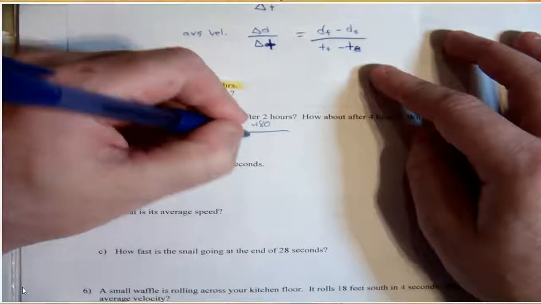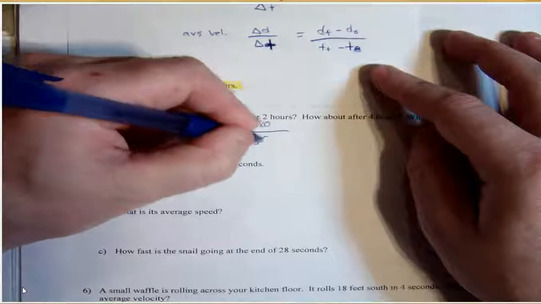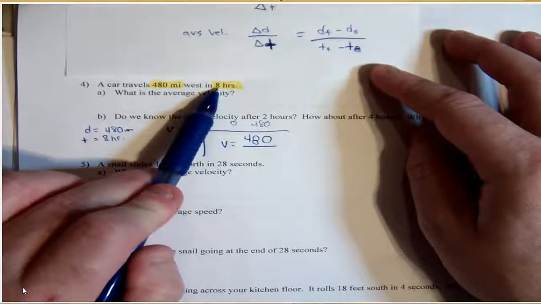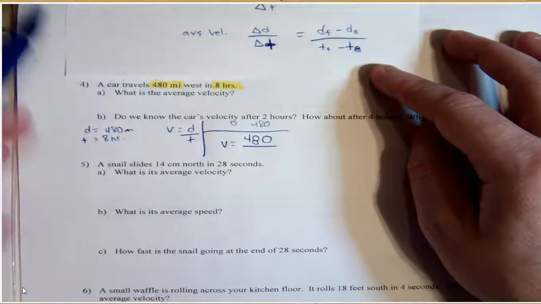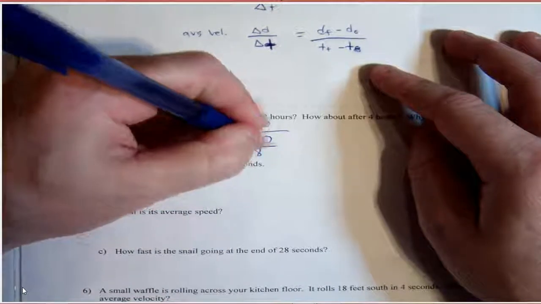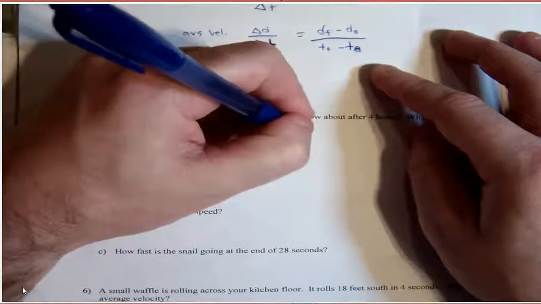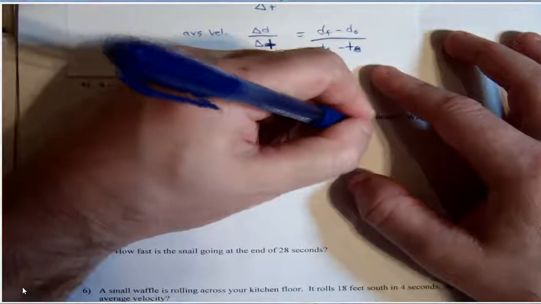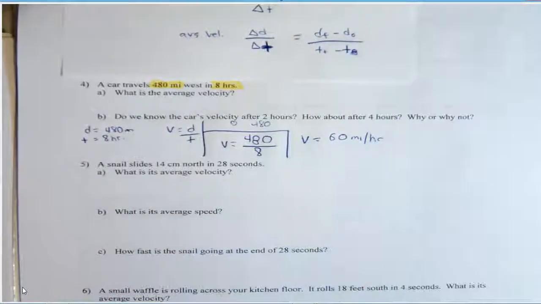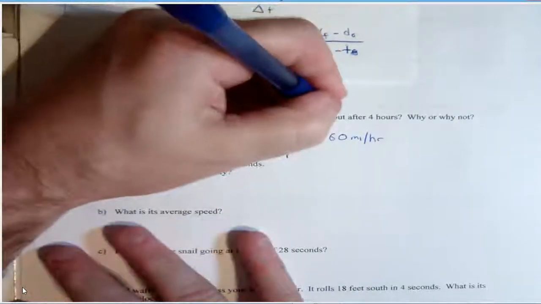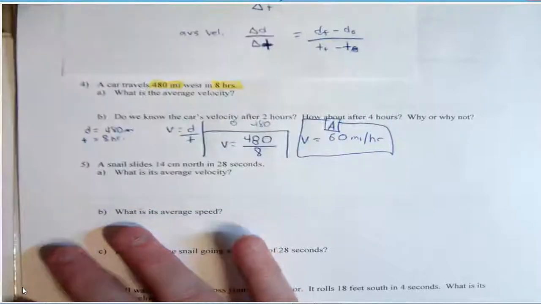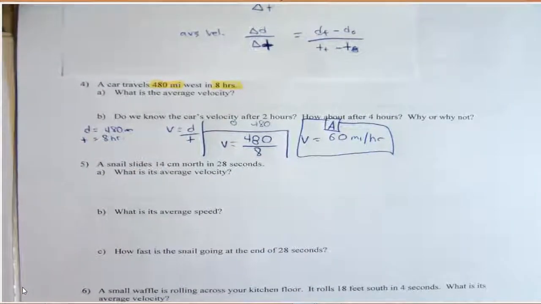Equals 480 over, what's our time? Well, our final time was 8 hours, and our initial time was 0, so it's going to be over 8. So our average velocity should equal 60 miles per hour. Okay, so this is the answer to A. Even though we're writing it under B, it's just because we had more room.